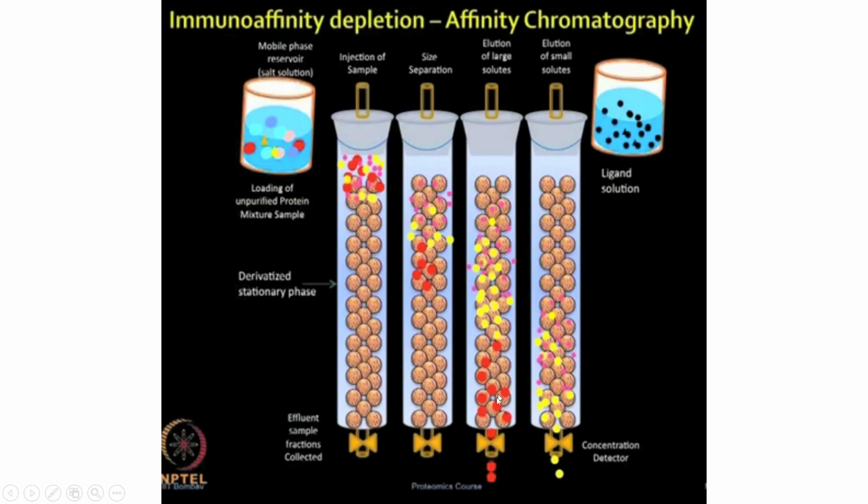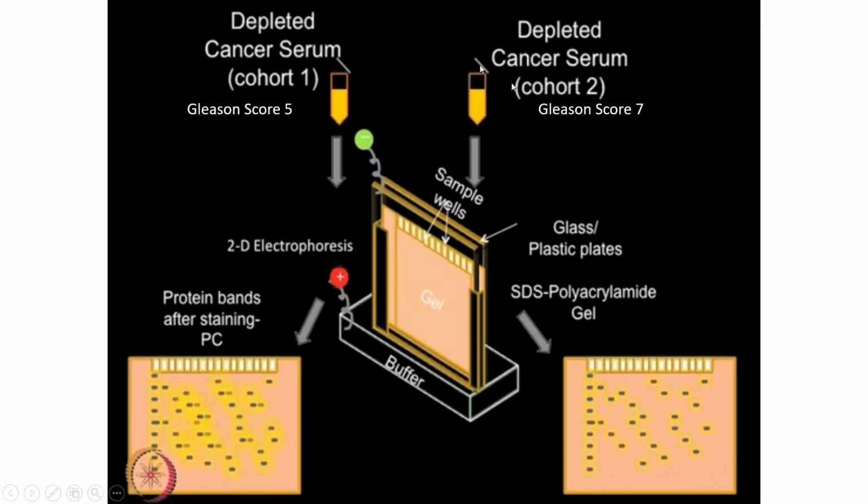While doing elution, the larger ones go out first and the smaller ones come out later. So now you know that the abundant proteins can be removed, and only the proteins which are essential, like PSA here, remain, or they are basically trying to find if there are any other serum markers which can be found.